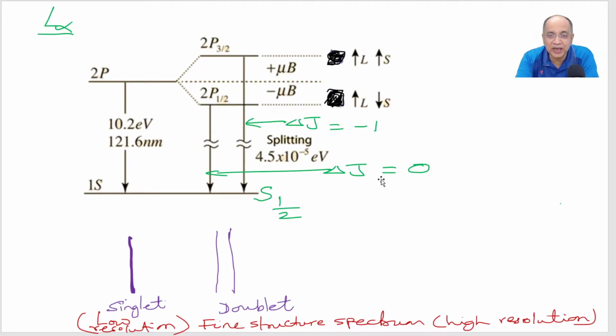Similarly, the previous case where we were talking about 2S will have only plus half. That plus half is already there. So this will not only be 2P half, but also 2S half, the same energy value. So it's not a new energy level, right?